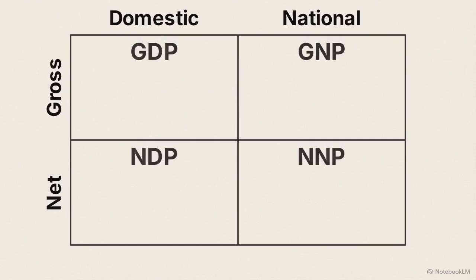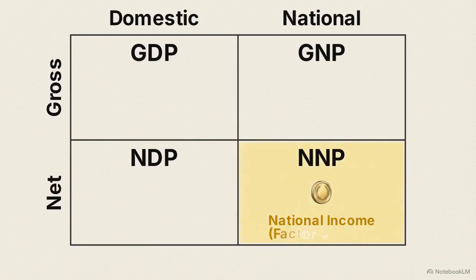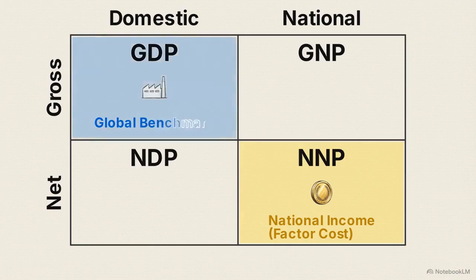Bringing back our complete macroeconomic matrix, we have clear answers for our two policy challenges. When the objective is to isolate and calculate the true earnings of a nation's citizens without the distortion of capital wear and tear, policymakers must use net national product at factor cost. When global institutions need to objectively rank international economies, they isolate pure geographic production by using gross domestic product.